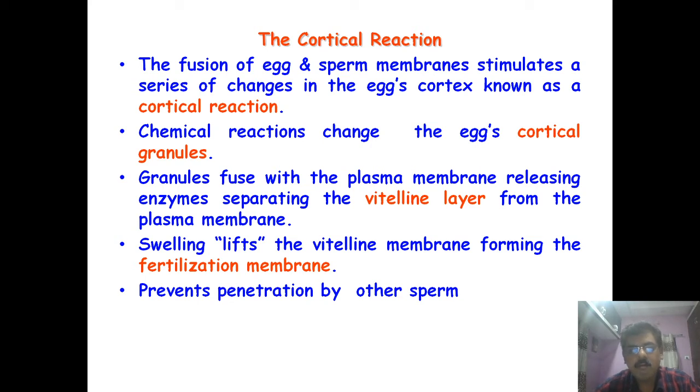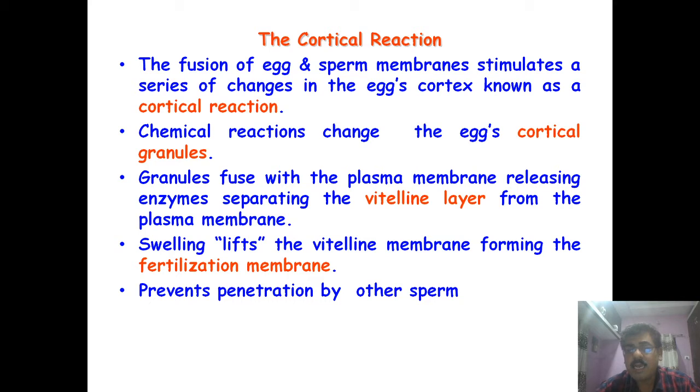As soon as the sperm pronucleus enters the ovum, there occurs a reaction, the cortical reaction. These cortical granules are present peripherally in the egg. The fusion of the egg and sperm membranes stimulates a series of changes in the egg cortex, known as the cortical reaction.